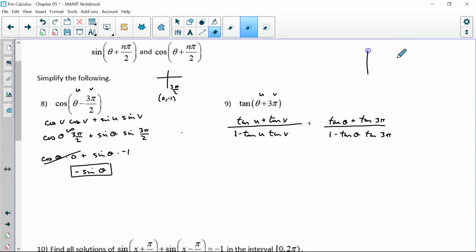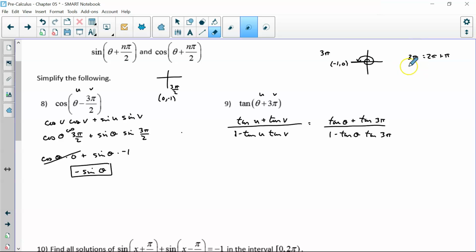So now 3 pi. 3 pi is 2 pi plus pi. So what we're doing is we're going around the unit circle one full time. That's the 2 pi. And pi is over here. So that's where 3 pi is located, at this point, and that's at (-1, 0).